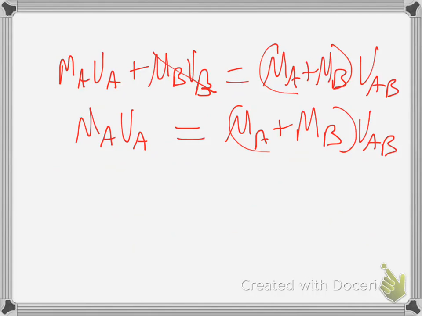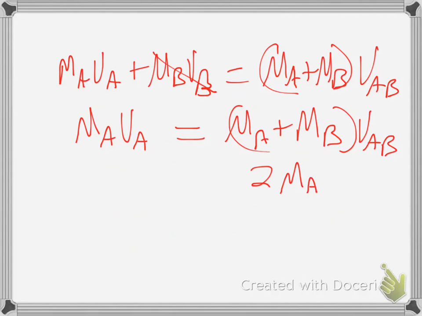Do you see what I'm talking about? Because if mass of A equals mass of B, then we're going to have two. We could replace mass of A plus mass of A, so that'd be 2 m_A. Since mass of A equals mass of B, okay, I'm wasting too much time on that.